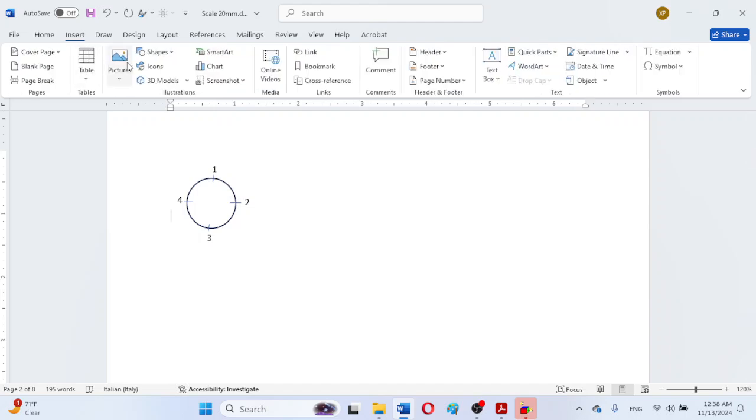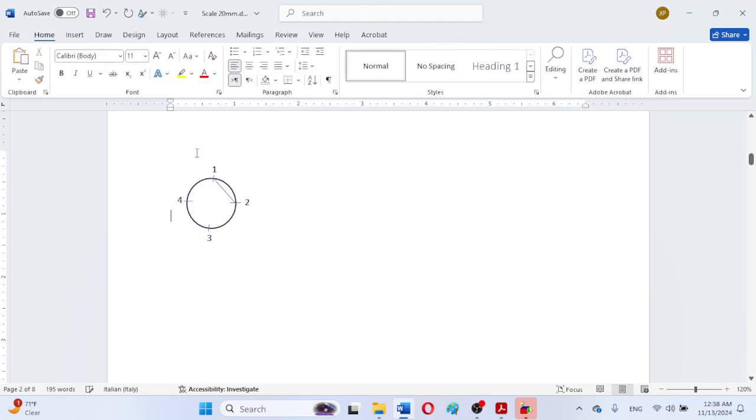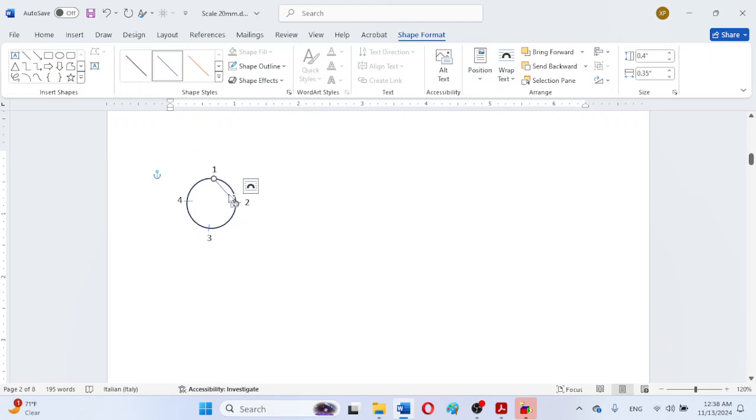After that, with the help of a simple line, connect these practically available physical links. Again in a similar manner we can copy and paste this line, and move it here like this.